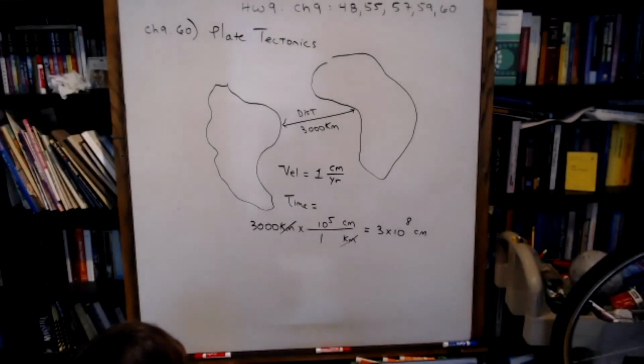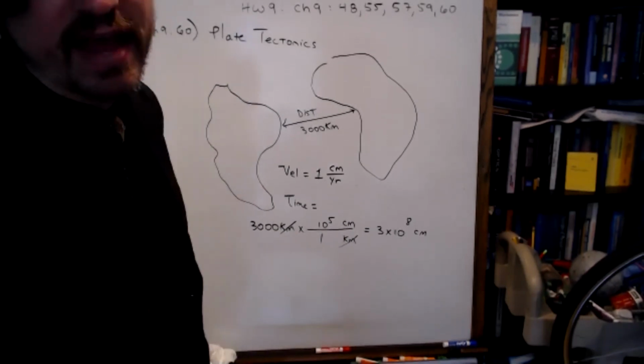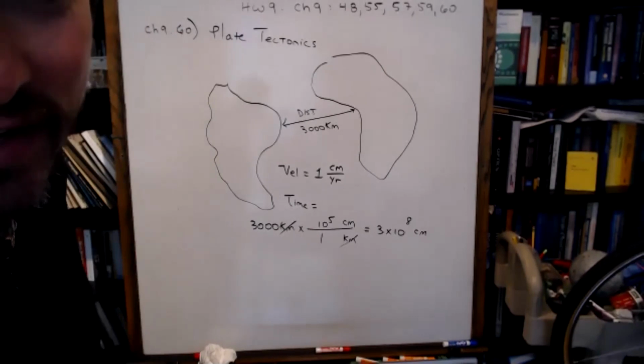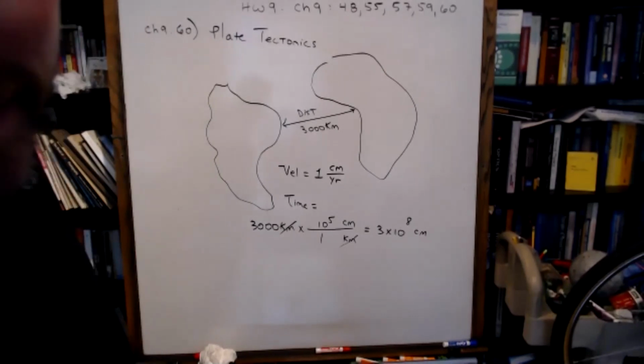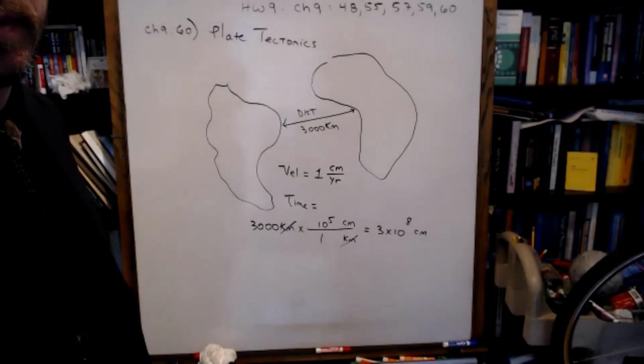You know, I'm pretty sure on those SAT tests, they ask you to do a distance equals rate times time problem. Train A leaves the station at 50 miles per hour, train B leaves. So wouldn't it just be 3 times 10 to the 8 years? I guess so, yeah.